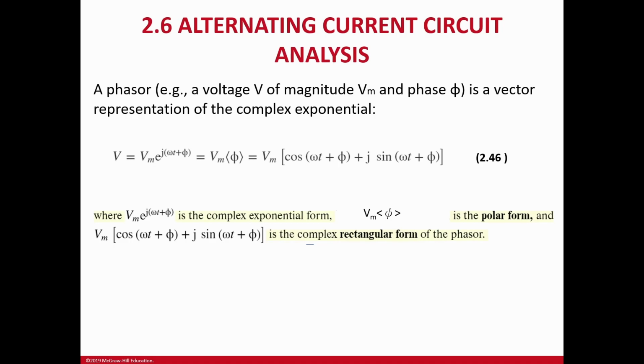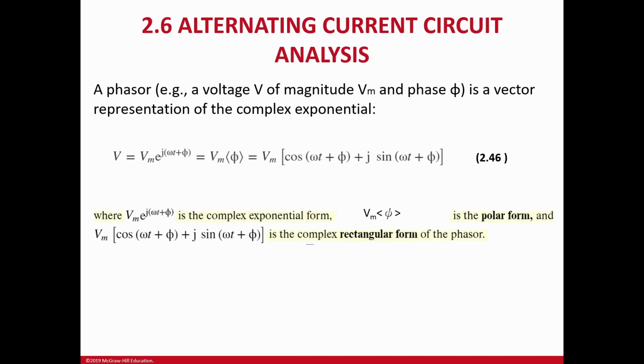We also learn the phasor form. Even though we write this in the exponential, like Vm exponential j omega t plus phi, this is a little bit complicated. So you can also write this in the phasor form, Vm times the angle phi.